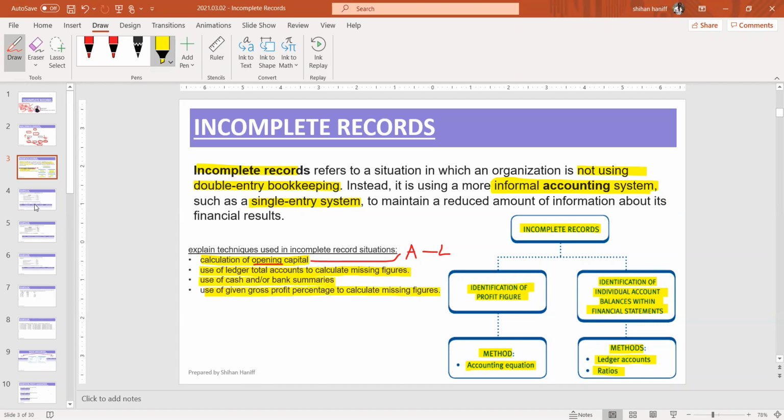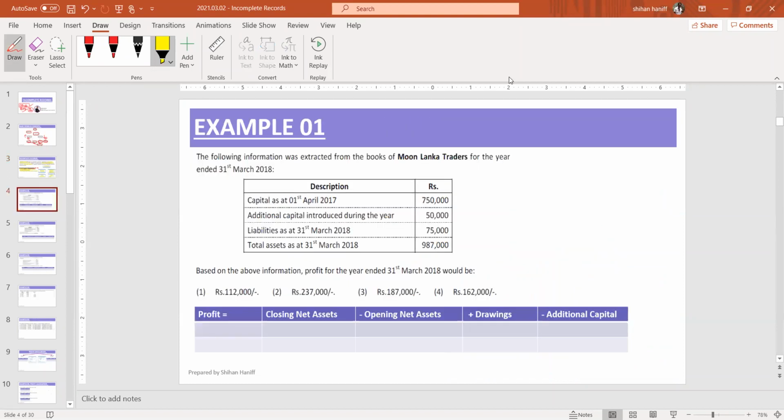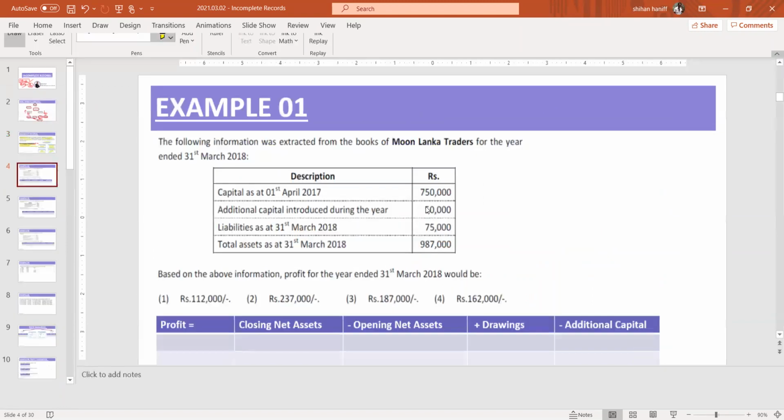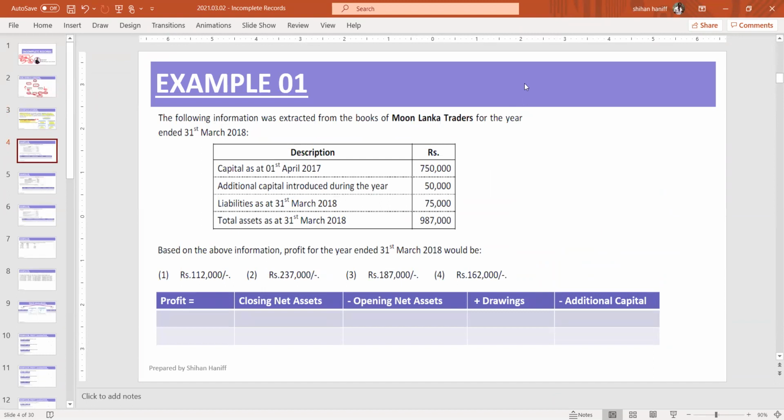Before I move on to the next part, can you all do this question? This is a very simple question, and you already have this knowledge. Can you all find out the profit for the year ended 31st March 2015 for Moon Lanka Traders, given the opening capital, additional capital, liabilities and total assets?